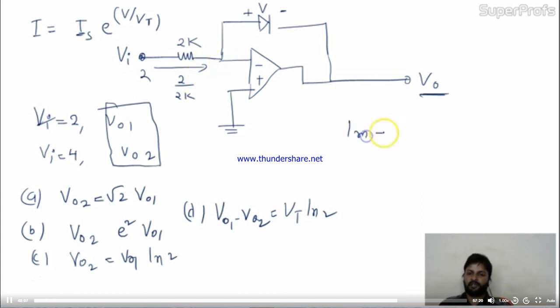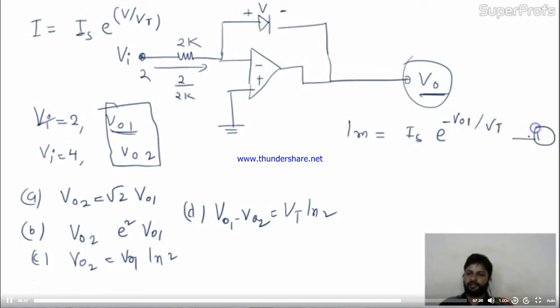So this 1 milli current you compare with Is e to the power minus V01 divided by Vt, since the output is related with a minus sign.